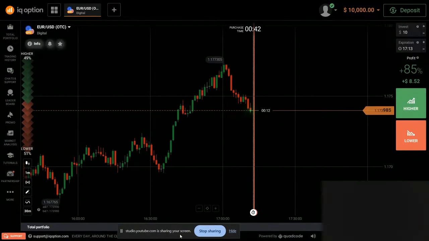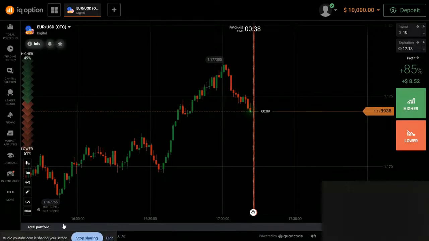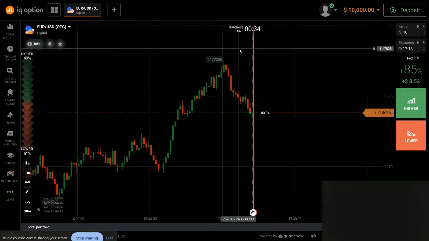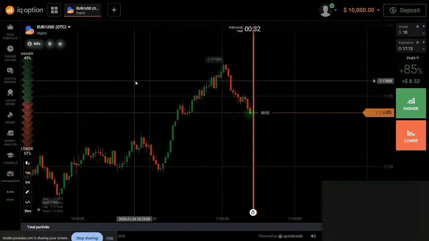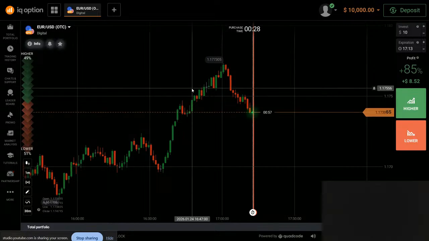So today the purpose for the live is we are going to take some live trades in this IQ Option. As everyone knows, we are a price action trader.